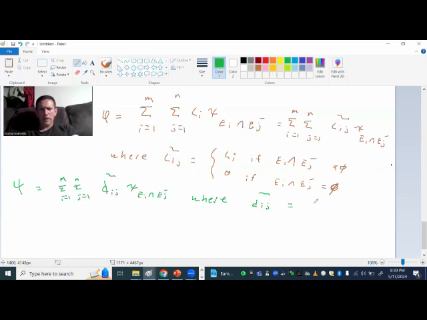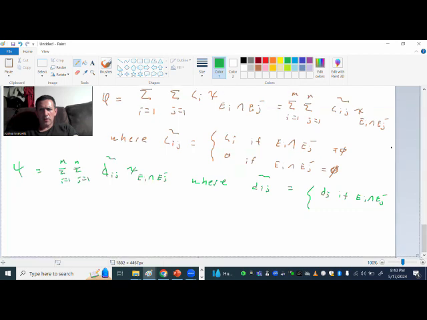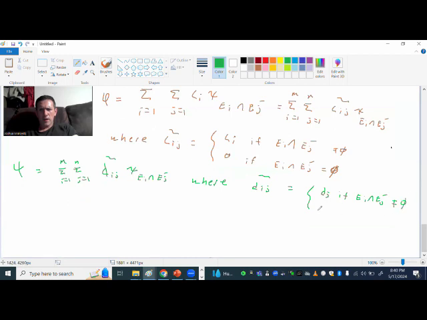Again, writing it like this is going to make things a little clearer for what I'm going to do. This is d_ij. This is not empty, 0 if it is empty.